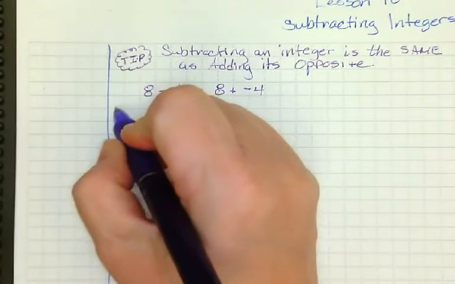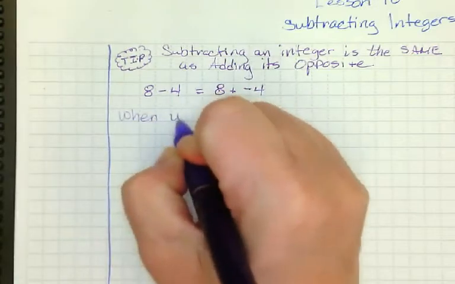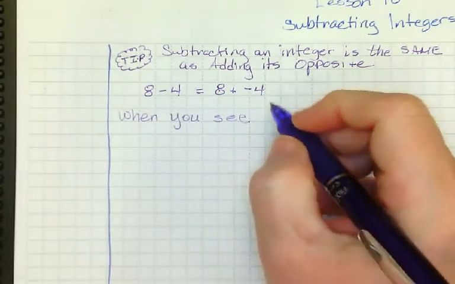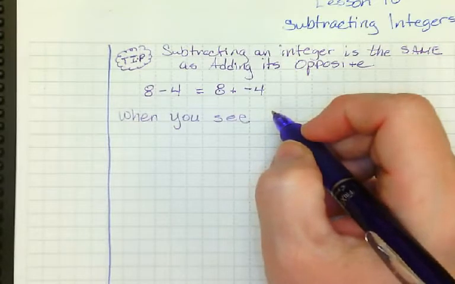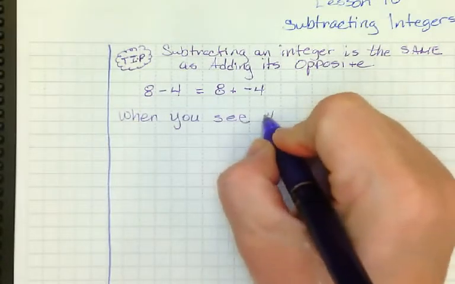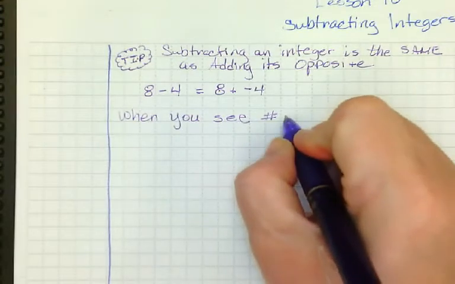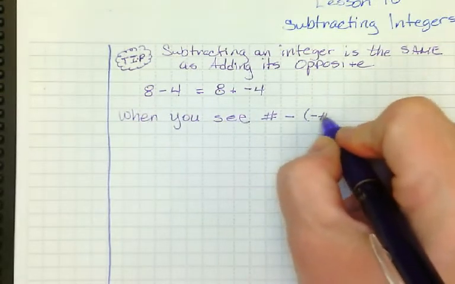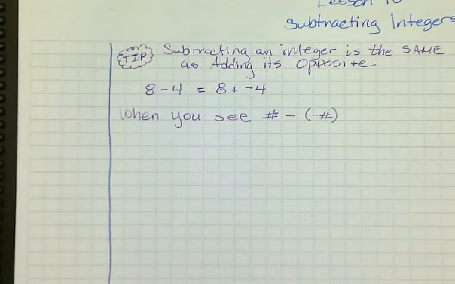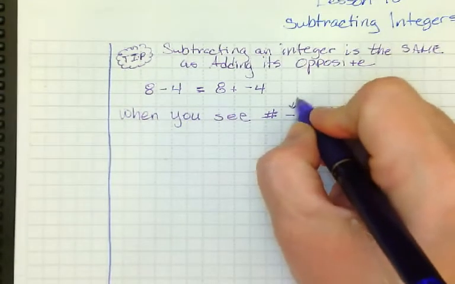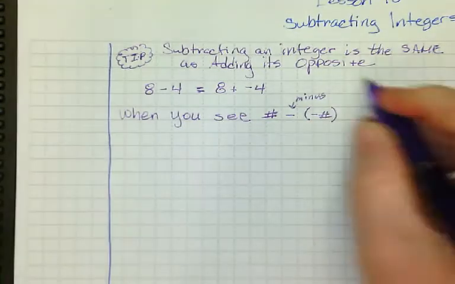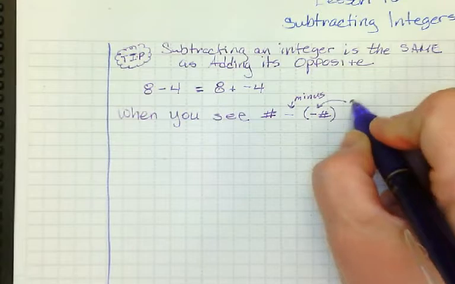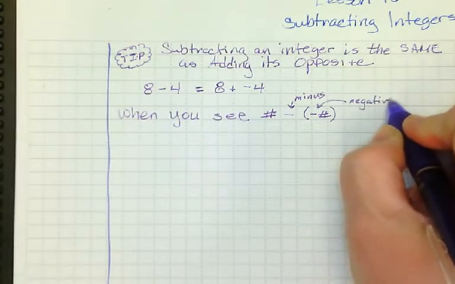So, when you see a number minus a negative number, let me just let you know that means minus or subtracted from, and this is a negative number.